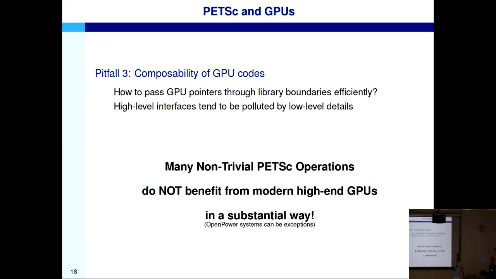So it's probably easier to observe speedups on OpenPower systems for these two reasons. But you still wouldn't recommend using GPUs on OpenPower systems? Well, if you use an OpenPower system, then your system provider will push you to use GPUs anyway, because they have the GPU sitting in there and you paid a lot of money for it.